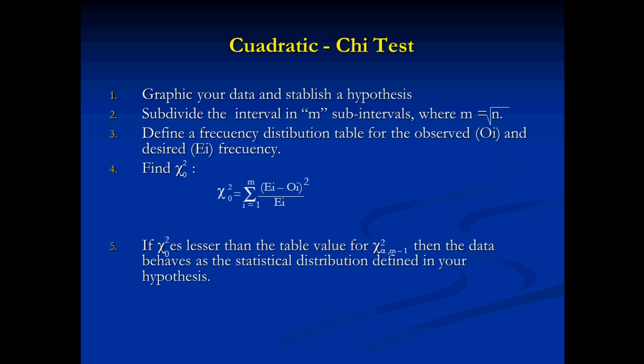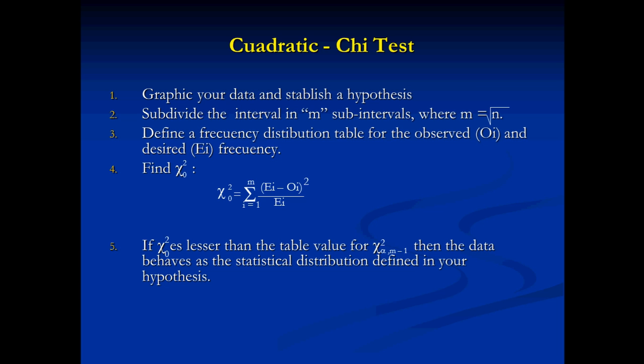We have an observed frequency that is the one that the data presents itself, and we have a desired frequency that is the frequency according to the distribution established in the hypothesis.